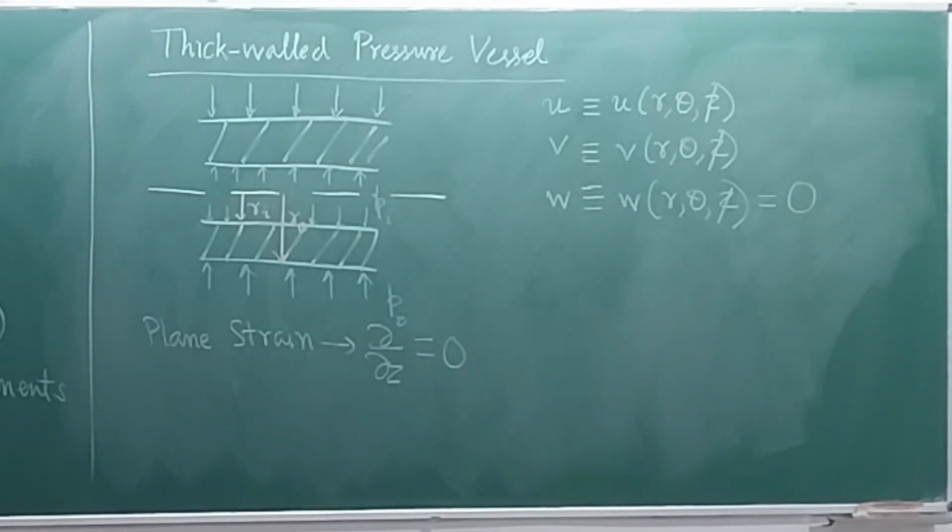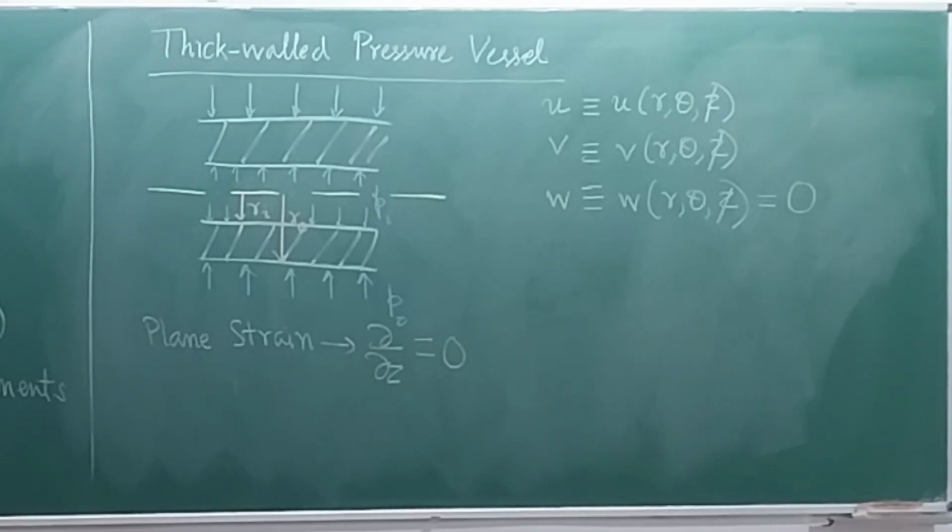Now remember, in the context of thin-walled pressure vessels, what did I tell you? A problem will be axisymmetric not just because the geometry happens to be axisymmetric. So this chalk has an axisymmetric geometry. But if I hold it like this, make it a cantilever beam, and then load it like this, it is no longer an axisymmetric problem.